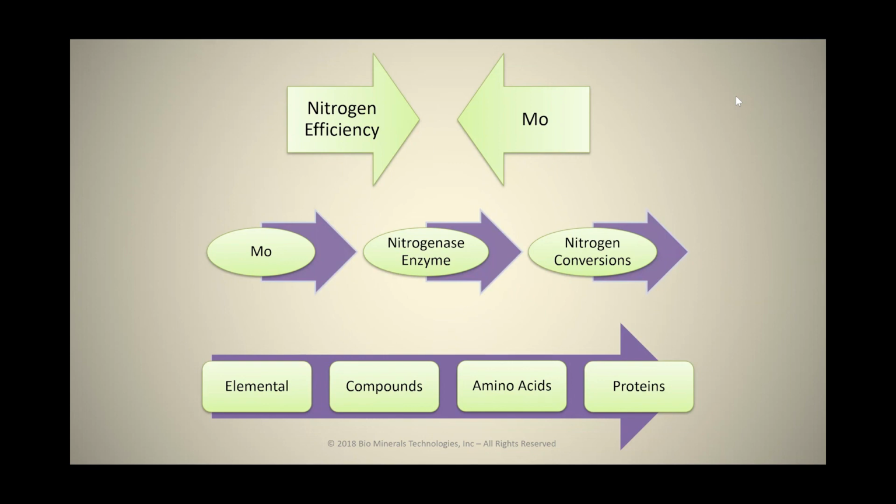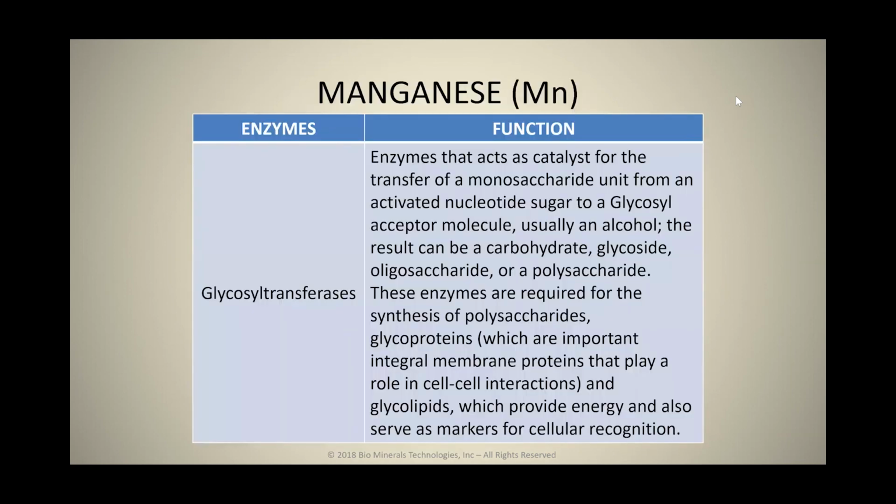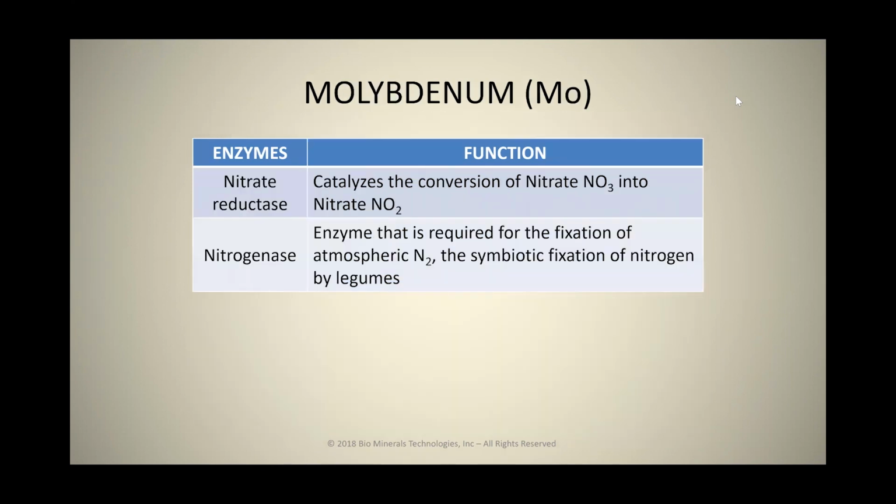That's the assembly line process that the companion trace elements do with these enzymes. With manganese, you can look up the mineral, the enzyme, and the function to understand what that enzyme is doing when it's activated by manganese. I've just put a couple of examples in here.